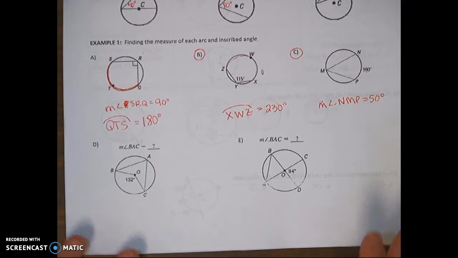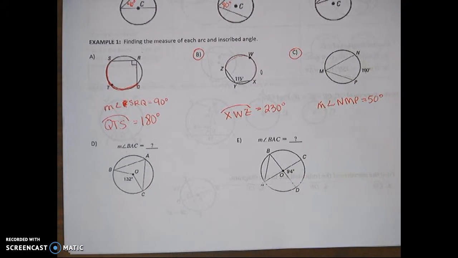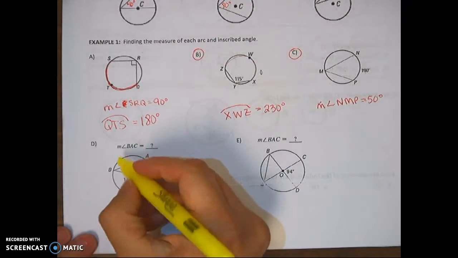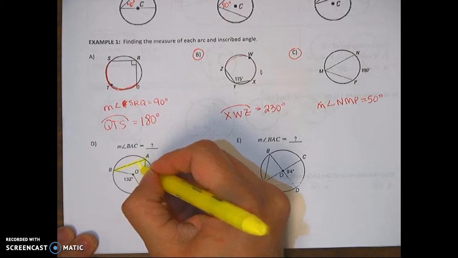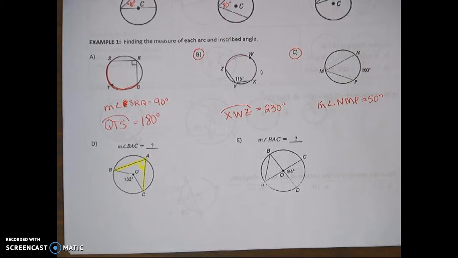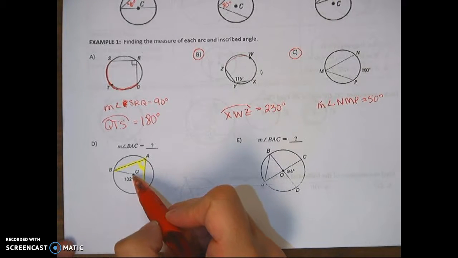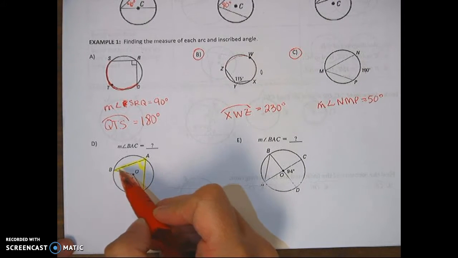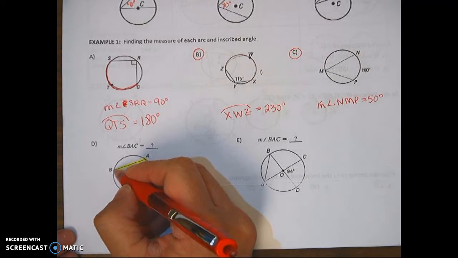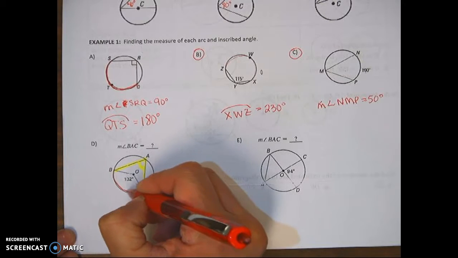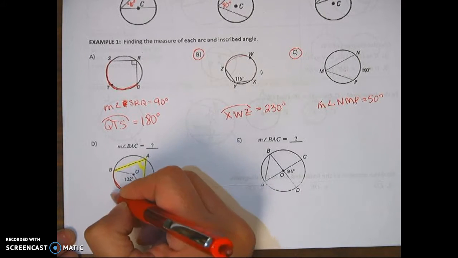On part D, you're asked to find the measure of angle BAC. So I'm going to trace that angle from B to A to C. This is the angle that I'm looking for, this angle right here. I'm given the central angle, which is this angle BOC, which is 130 degrees. The central angle is the same as its intercepted arc, which is this arc BC.